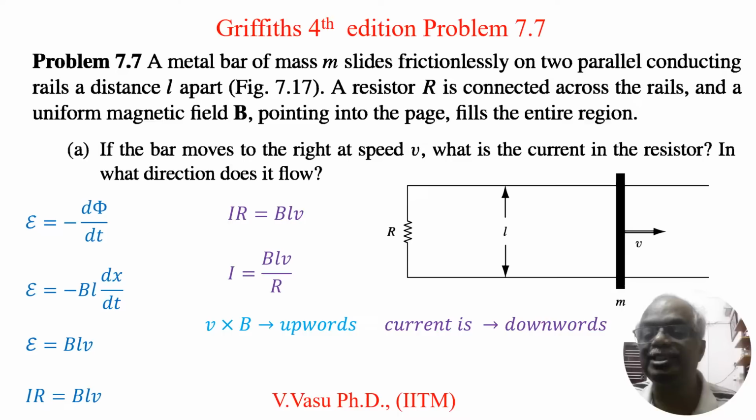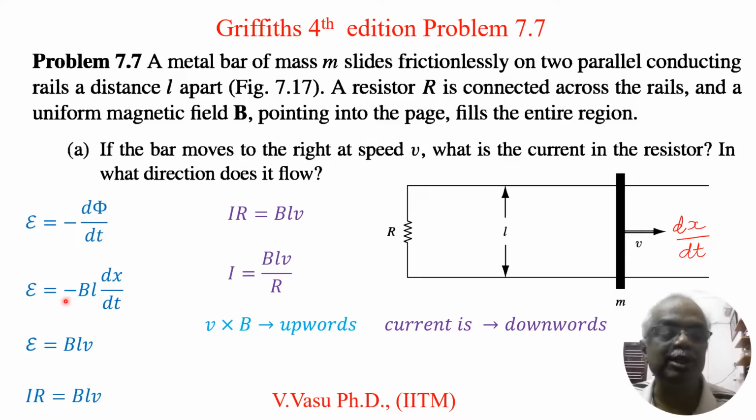The velocity is in the x direction, equal to dx/dt. The induced EMF, script E, is equal to minus dΦ/dt, the time derivative of the magnetic flux.